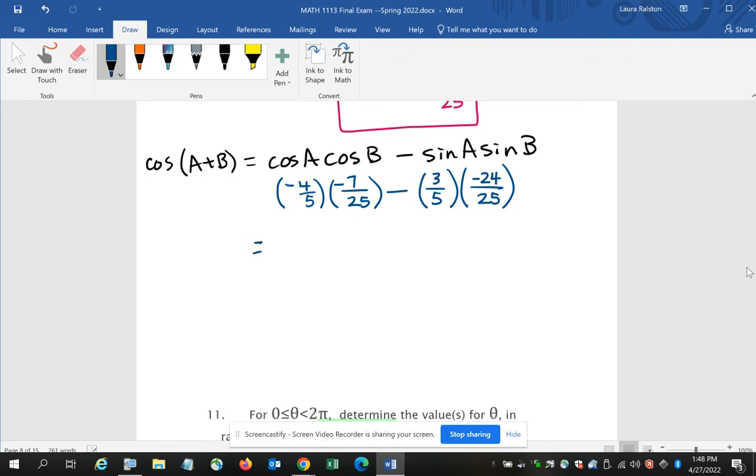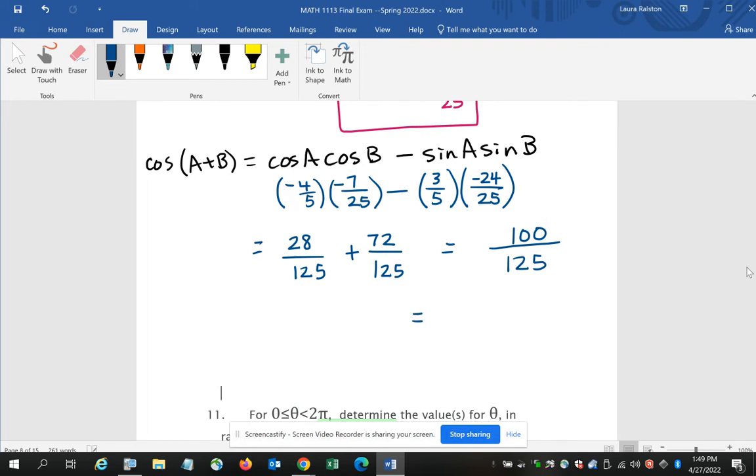So I have negative times a negative is a positive. 7 times 4 is 28. 5 times 25 is 125. Minus and a minus are going to make a plus. 3 times 24 is 72 over 125. I have a common denominator, so I keep the denominator of 125. 28 plus 72 is 100.